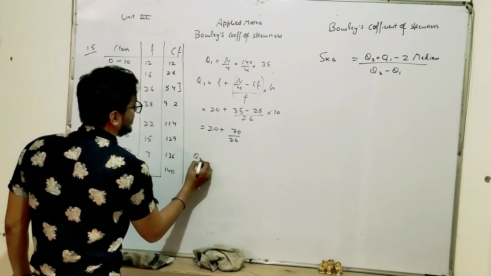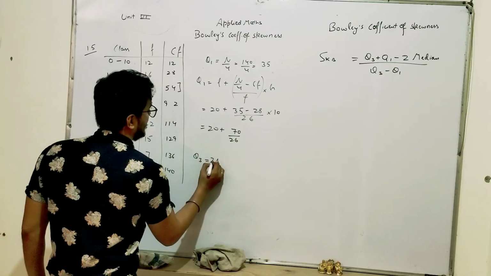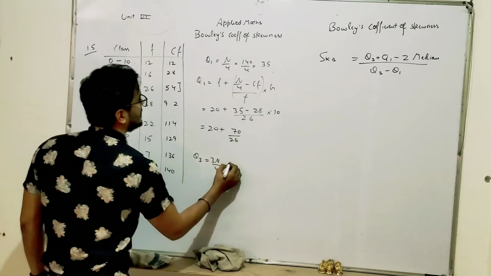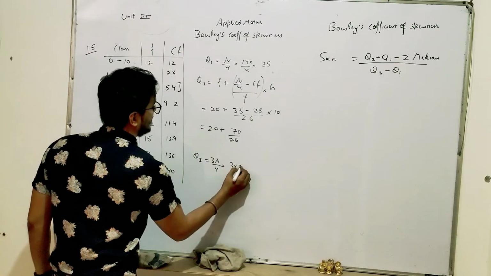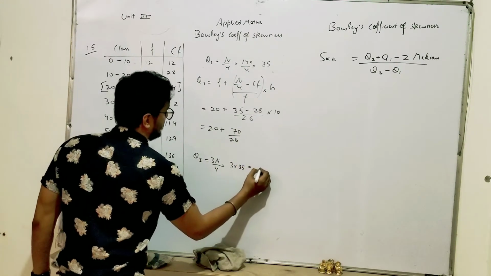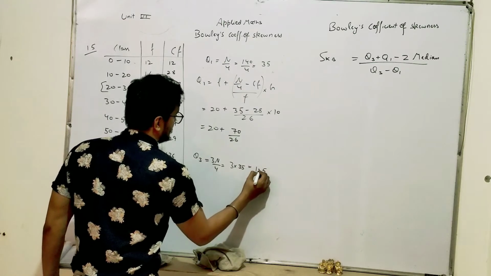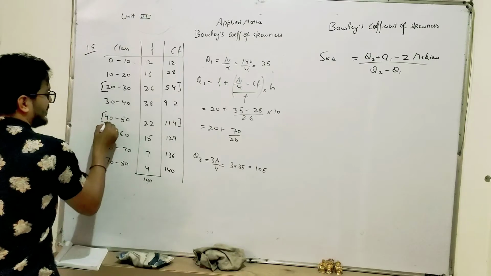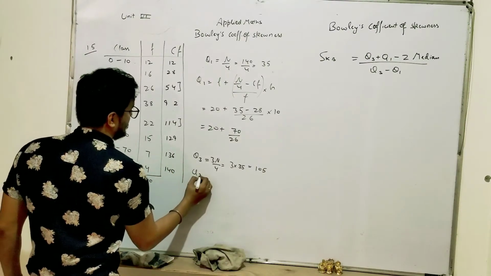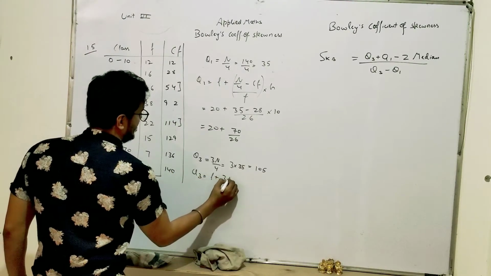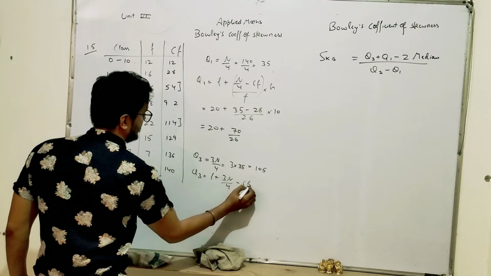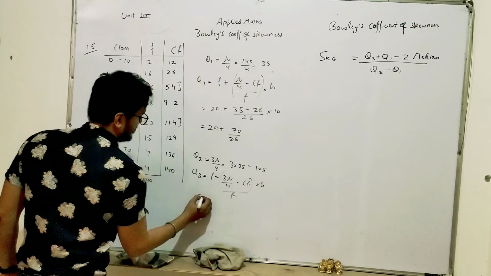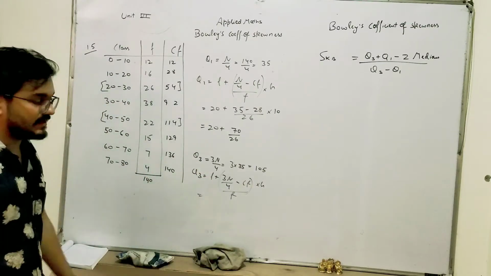Now for Q3, 3n upon 4 means 3 times 35, which is 105. So 105 will lie in this segment. Q3 is equal to L plus 3n upon 4 minus CF upon F multiplied by H. This formula we have already discussed in the previous video.